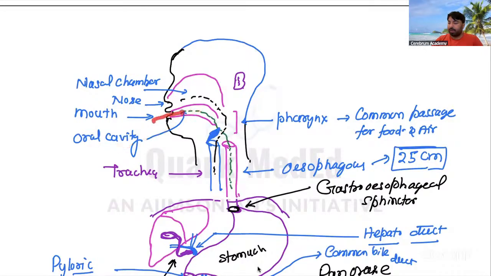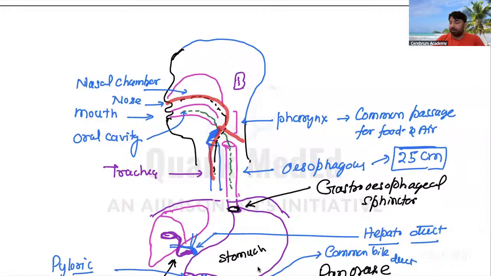When we eat, food goes through this pathway, then hits this part, the epiglottis. It pushes the epiglottis and then goes into the esophagus. This is the path followed by food, and this is the path followed by air.